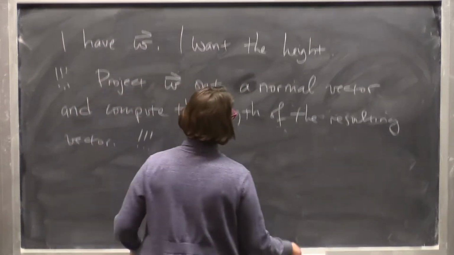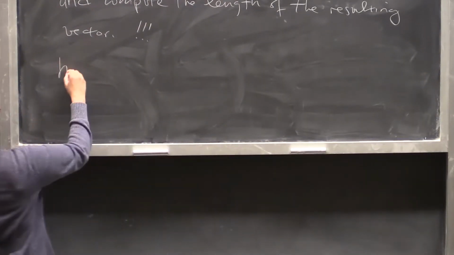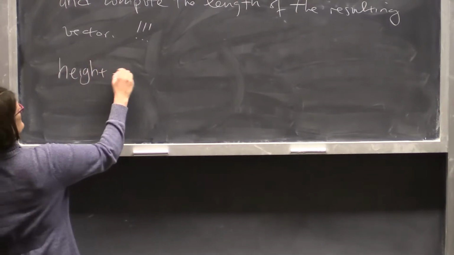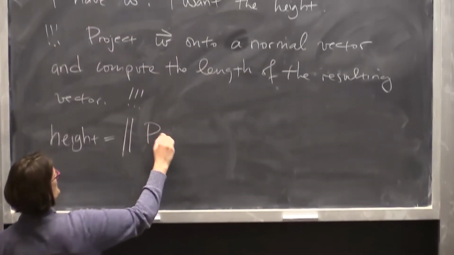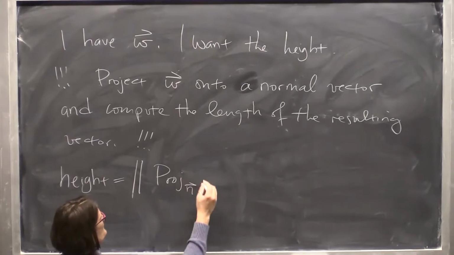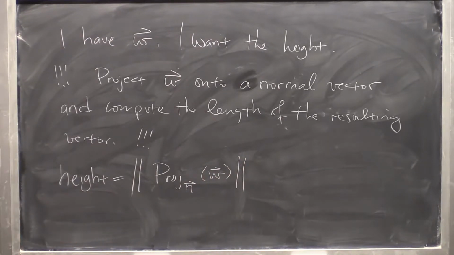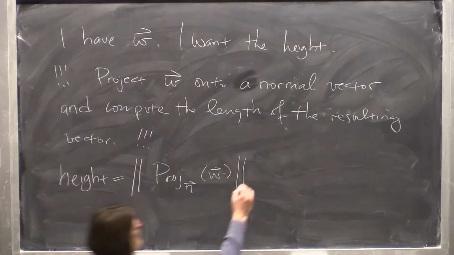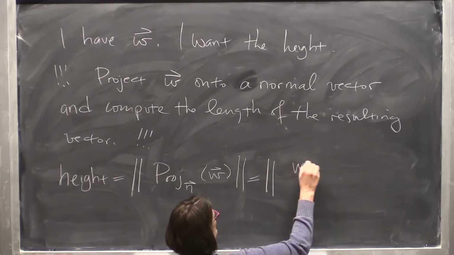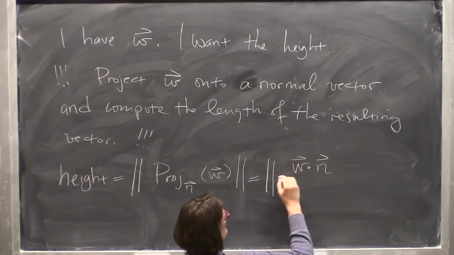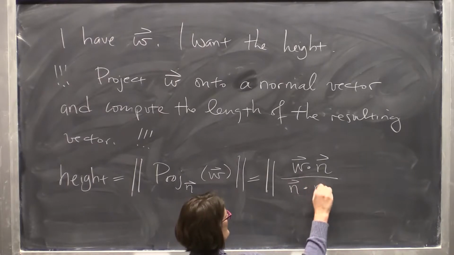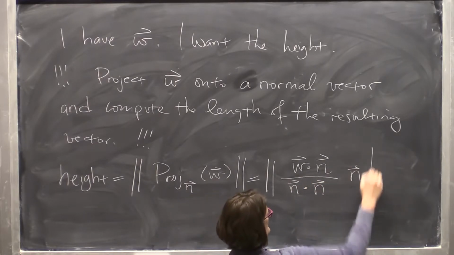So from this, we have that the height is equal to the length of the projection onto a normal vector of w. It doesn't matter which normal vector I take. So let me just write this out. This is the length of (w dot n divided by n dot n) times the normal vector.